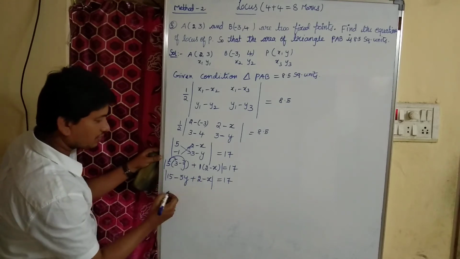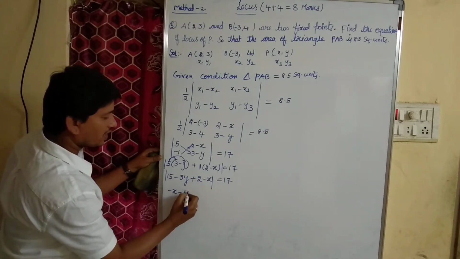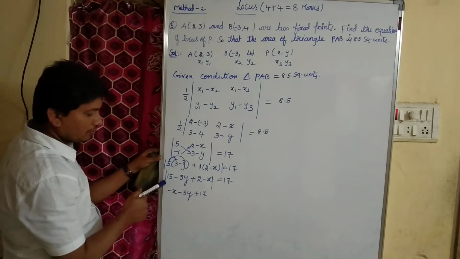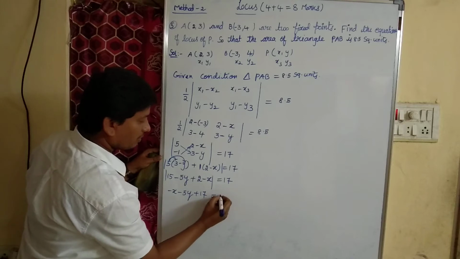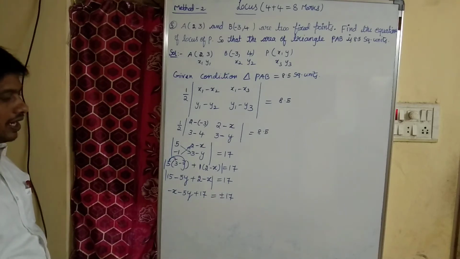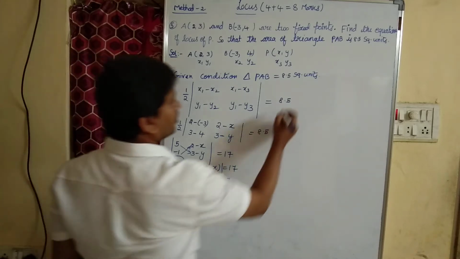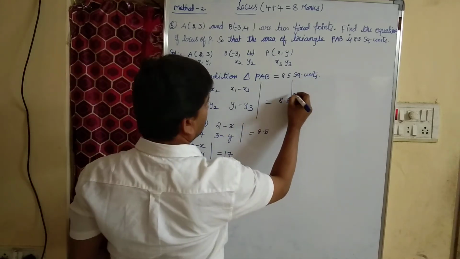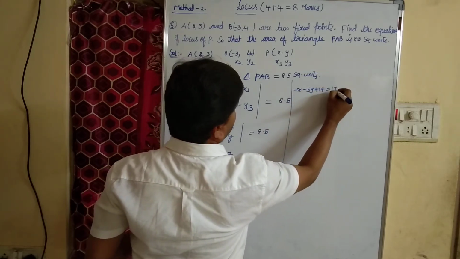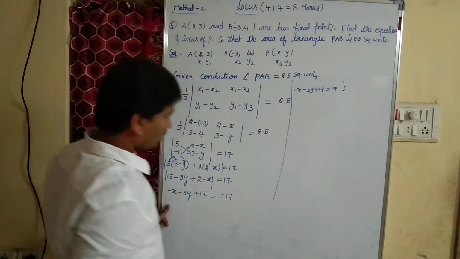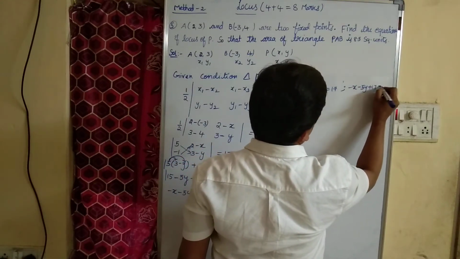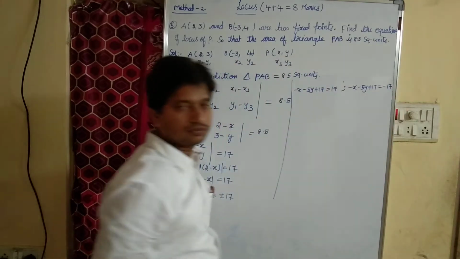So let me write first minus x and then minus 5y, 15 plus 2, 17. So here we are removing the modulus so that it will become plus or minus 17. Right? So that we have two cases. Coming to case number 1, minus x minus 5y plus 17 equal to plus 17. And the second one is minus x minus 5y plus 17 equal to minus 17.